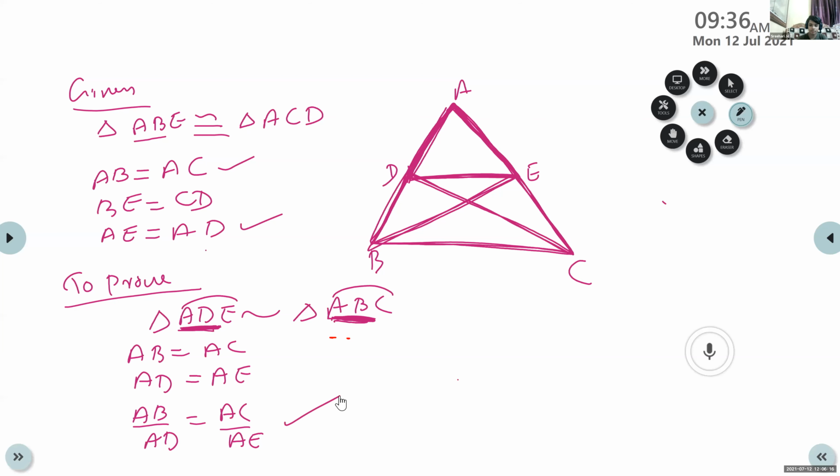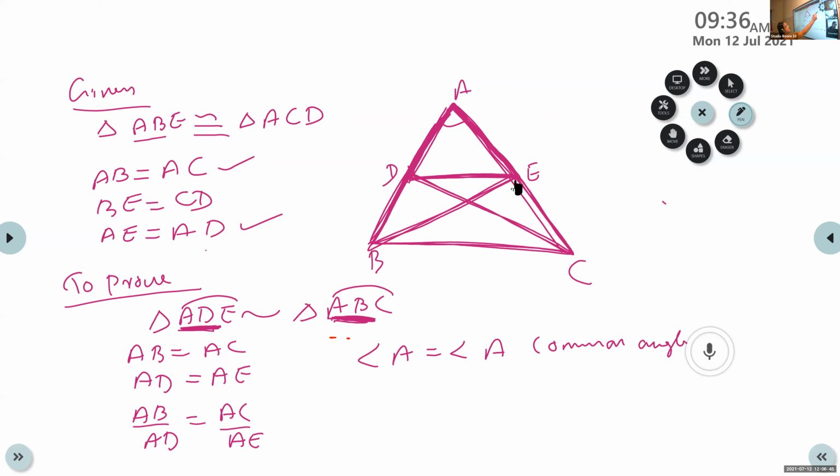Angle A. Angle A is common, yes. We can write angle A equal to angle A, common angle. And check whether that angle A is the included angle of AB and AC, and AD and AE. It is an included angle and it is equal because it is a common angle.